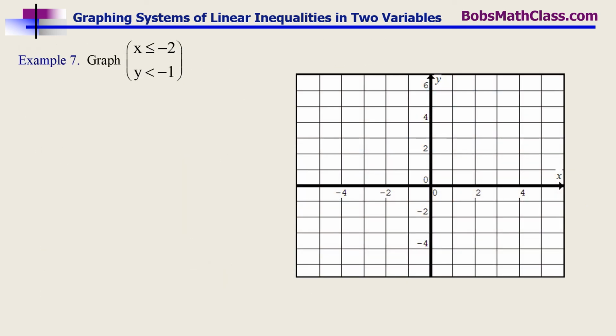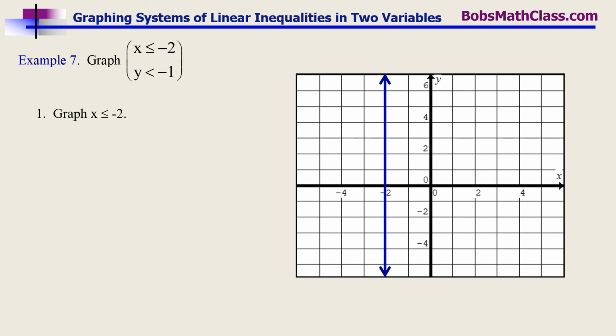All right, one last problem here. x ≤ -2, and y < -1. Okay, so x ≤ -2. Solid line. Which way do we shade it? Right, to the left.